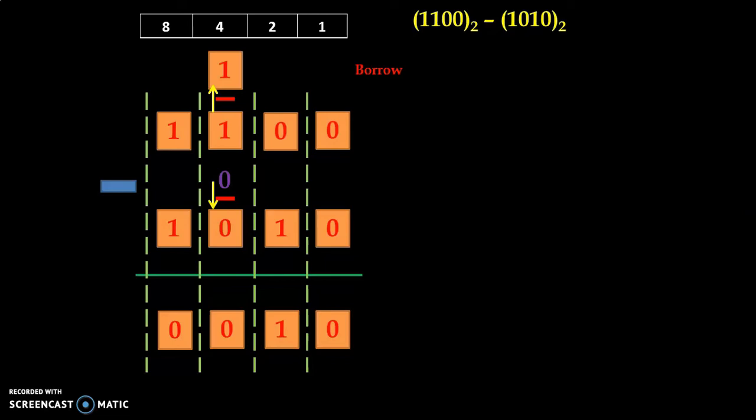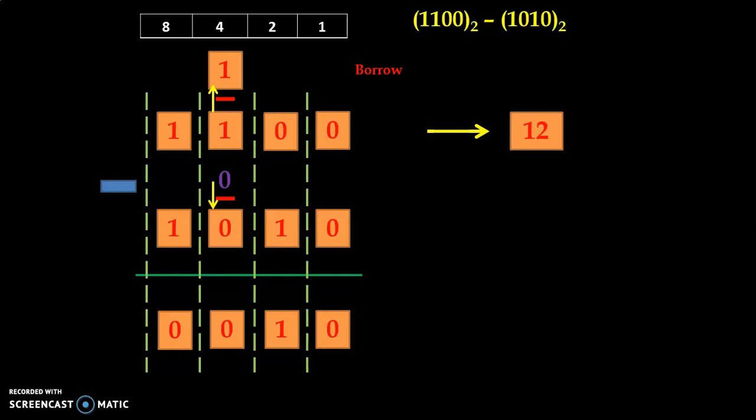While calculating equivalent decimal values, where we have value 1, we have to take that decimal equivalent value and do the addition. So in the first case we have 1 1 0 0. So we can take 8 plus 4. So we know that the equivalent decimal value is 12.